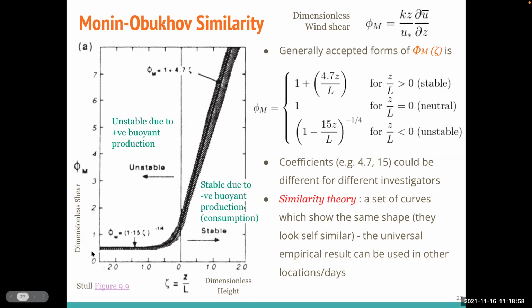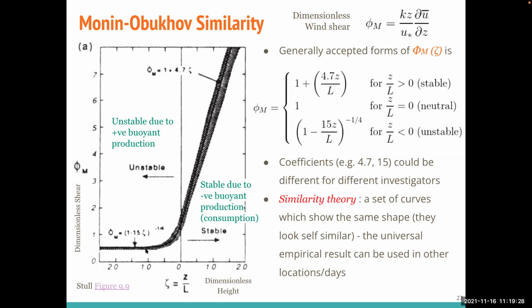So this graph is telling you the strength of your shear over different heights, but they are all dimensionless. The two signs here represent the stable situation on the right-hand side, the positive side, and the unstable situation on the left-hand side. We have a range of uncertainty, but miraculously, all the dots you can find from the experiments lie along this line.